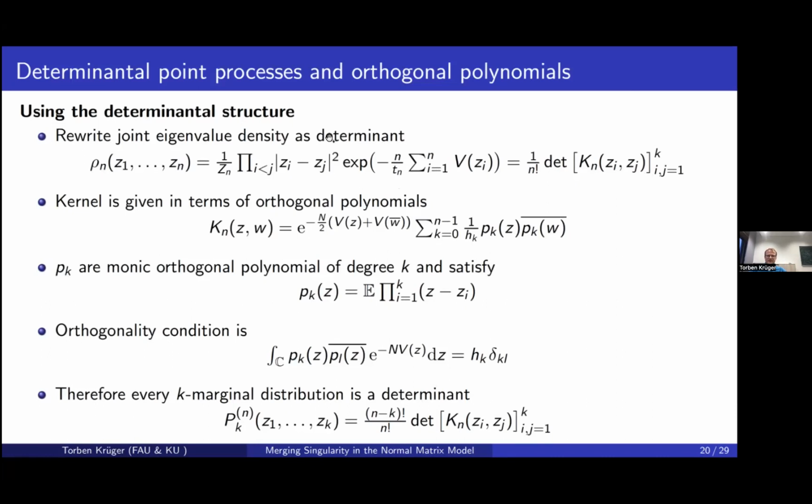You write the endpoint correlation function as the determinant of the correlation kernel, which is expressed in terms of orthogonal polynomials. The orthogonal polynomials are defined by taking the expectation value of these kind of products, z minus zi, where the zi is the ith particle, and the expectation is with respect to this measure rho defined by rho n.